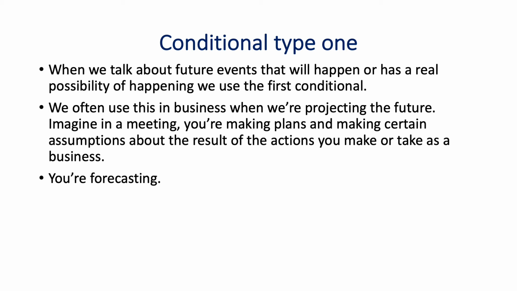Imagine in a meeting you are making plans and making certain assumptions about the results of the actions you make or take as a business, okay? Here as a business worker or businessman or whatever, okay? So here you can use conditional type 1, okay? We are using conditional type 1.